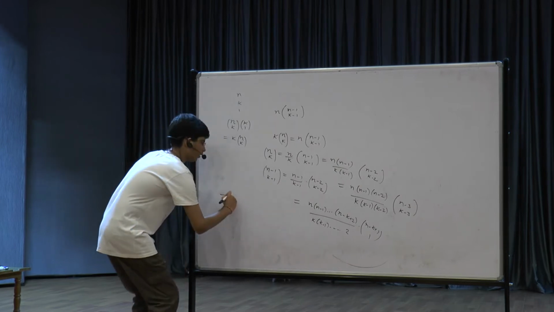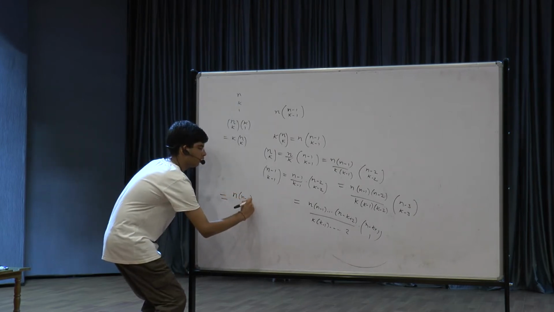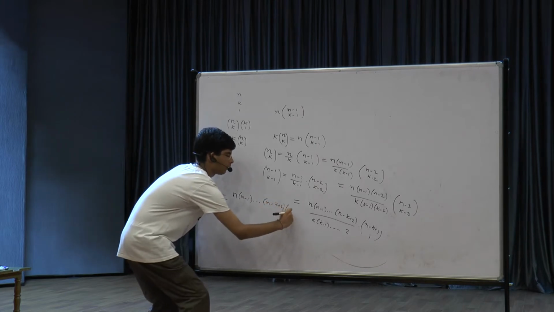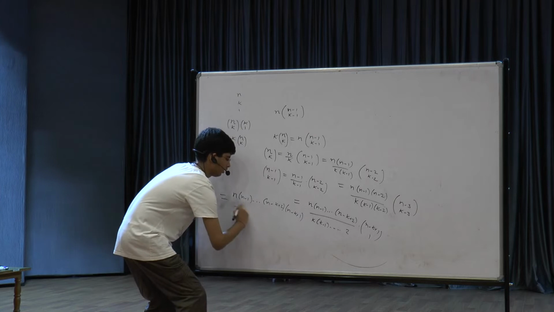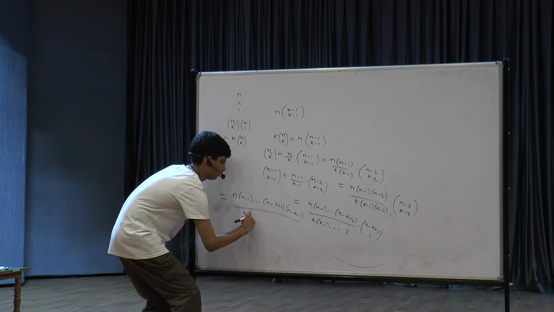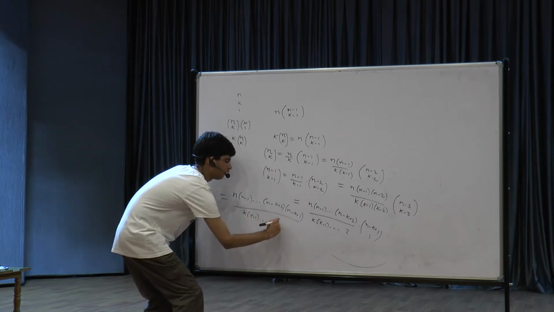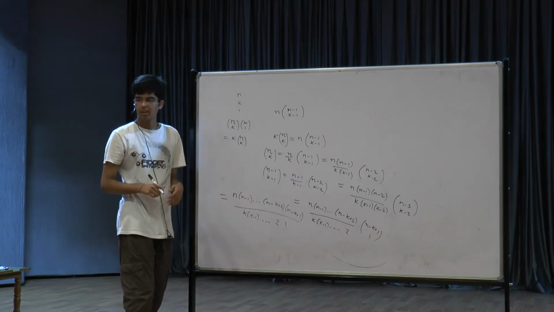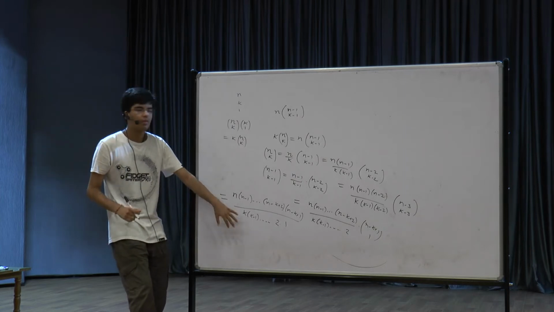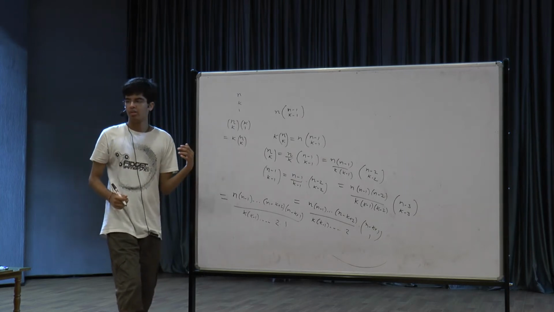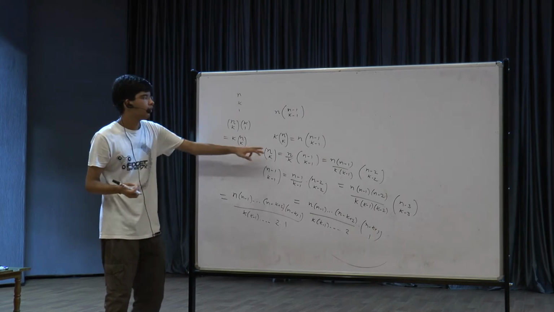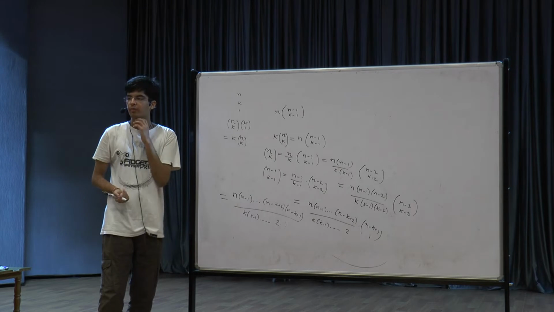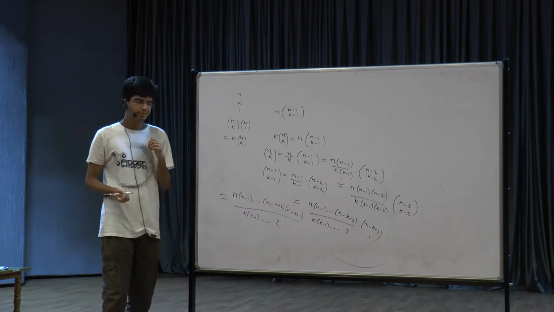So this will turn out to be equal to n times n minus 1 up to n minus k plus 1 divided by k times k minus 1 down to 2, and we can write it as times 1, right? Doesn't make a difference. So you see that this is just the same formula we had before. But this argument provides some insight about the relations between these two quantities. So that's another way of looking at it.